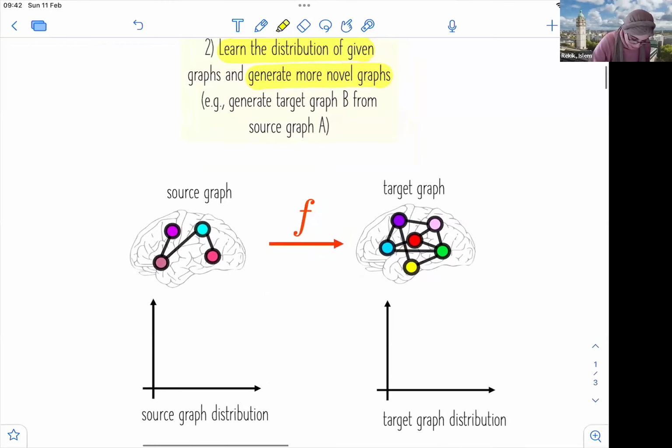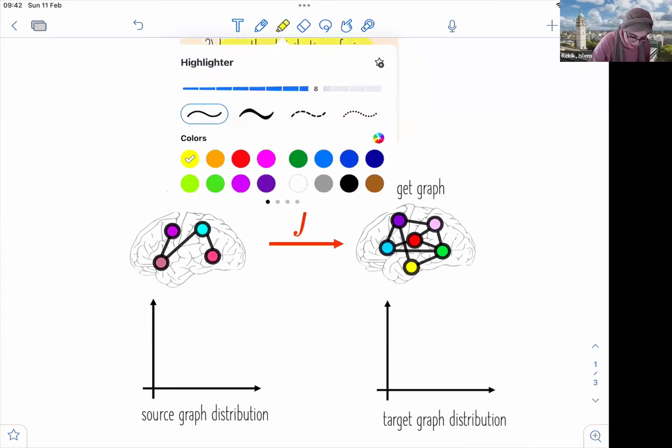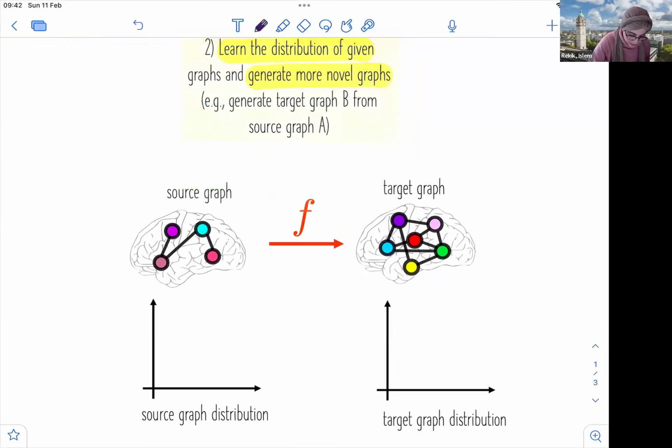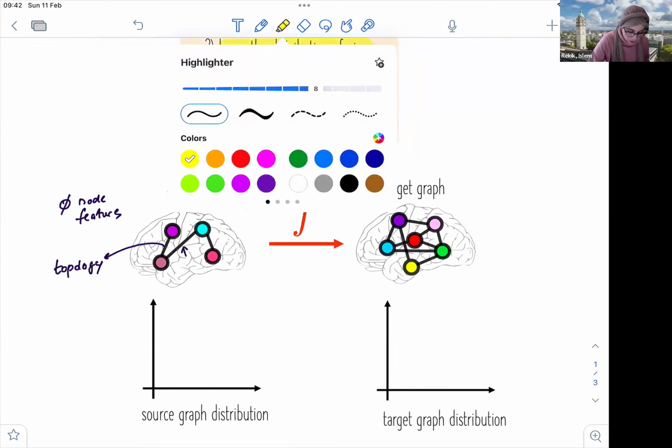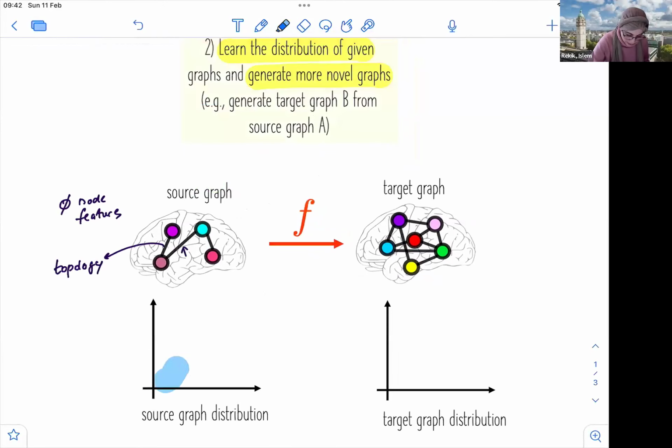So here, in this example, we have a source graph. As you know, this graph doesn't have any node features, but we still have the topology. So what we can do is plot the connectivity weight, the distribution of these edges. If it's a weighted graph, let's say the source graph will have this kind of distribution, and then the target graph domain will have a different distribution.